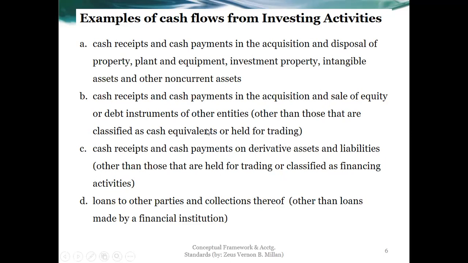All right. Then what else? Loans to other parties and collections thereof. These are the loans receivable, which are long-term receivables. So they're part of non-current assets, therefore part of investing activities, other than loans made by a financial institution. Of course, if our business is a bank, normally the bank would lend money to certain individuals and businesses.